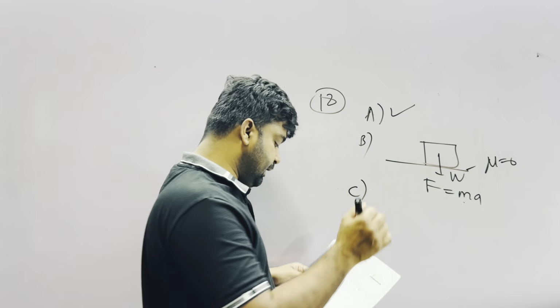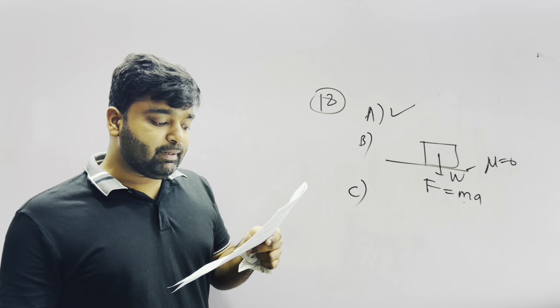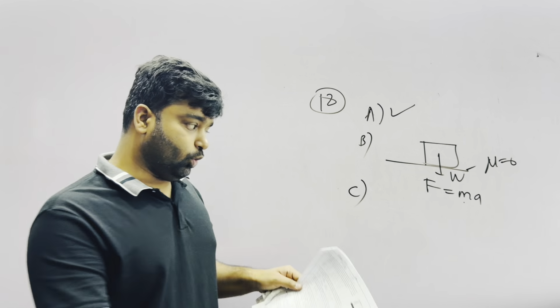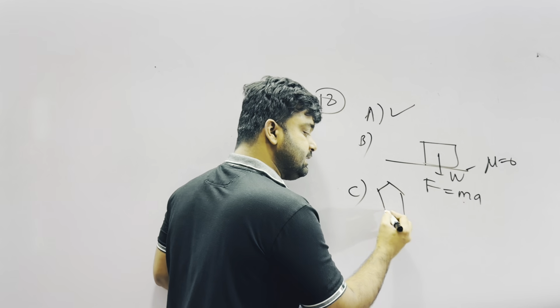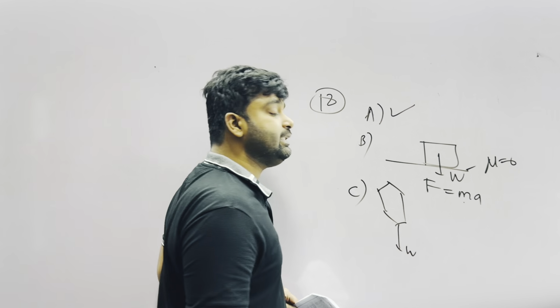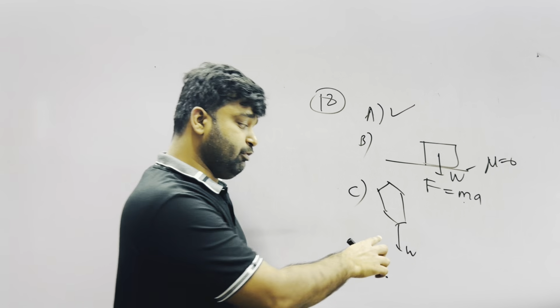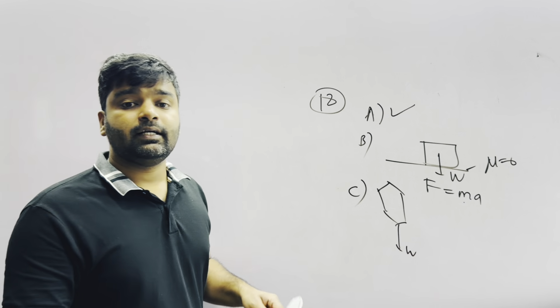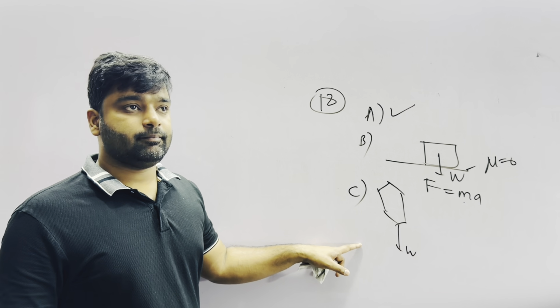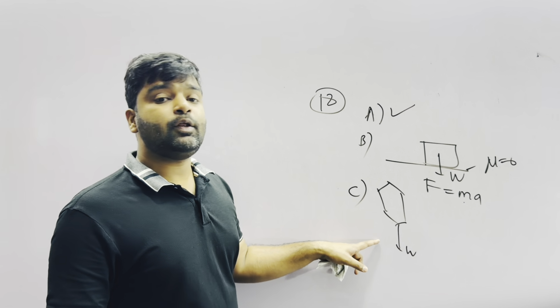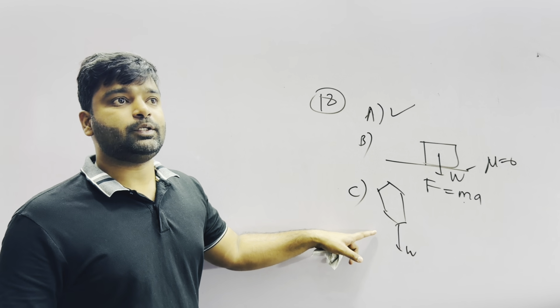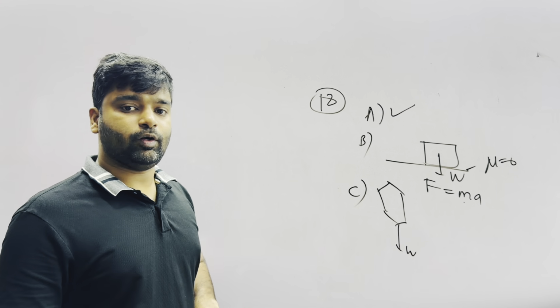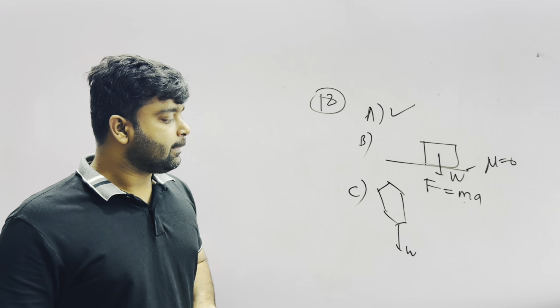But in the C statement, inertial mass is measured by the spring balance is wrong. The spring balance measures the weight, that means gravitational mass. The gravity affects. On the moon and earth, the weights are different. An object weighing 100 Newton on earth will measure only 70 Newton on moon. We already studied in order.